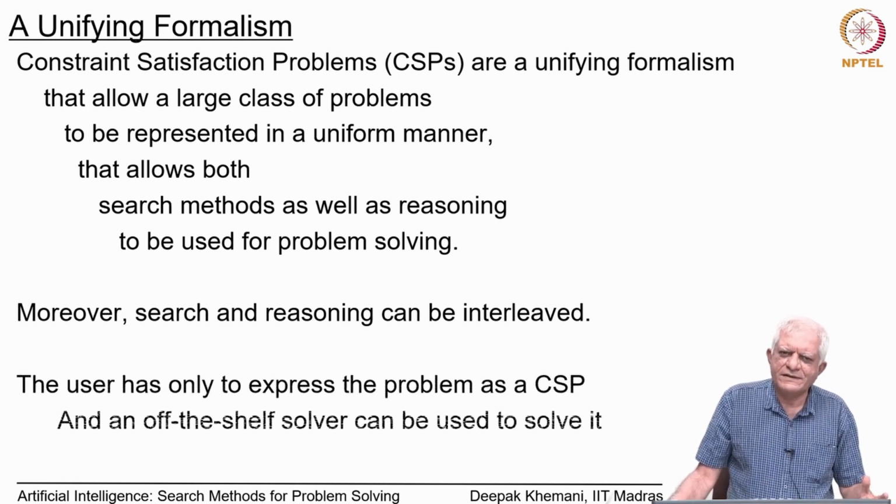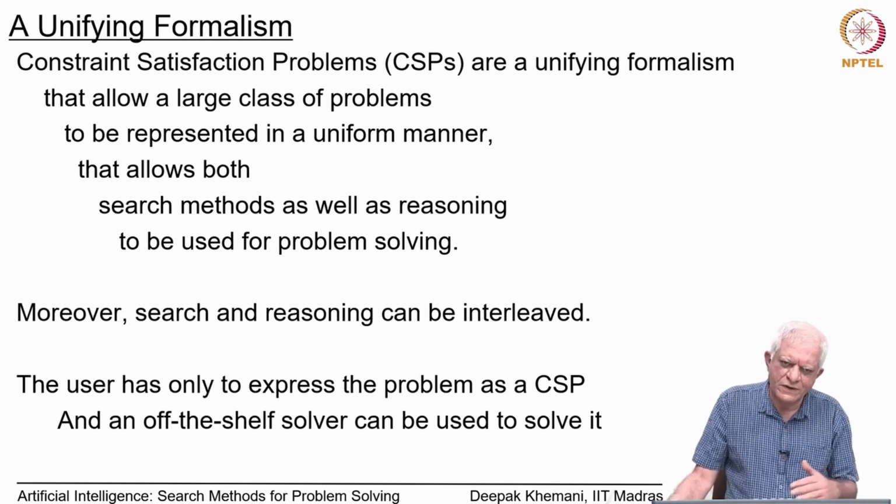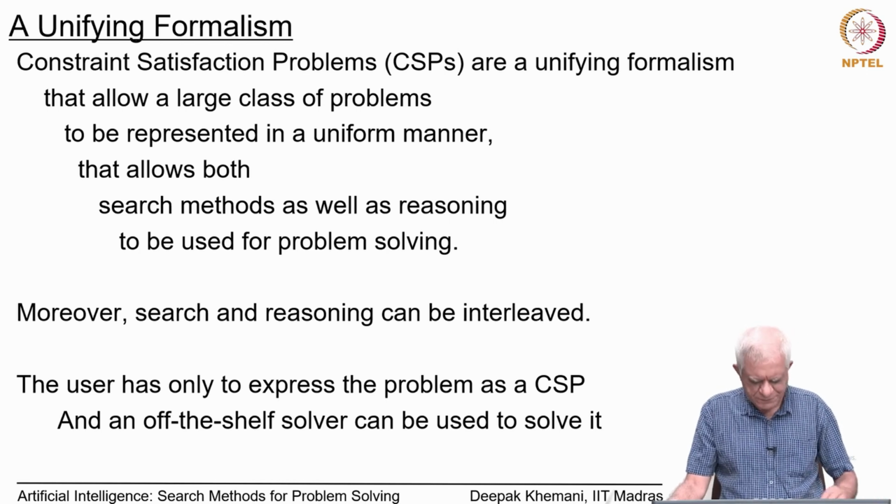The idea is still the same as throughout this course, that the user expresses the problem in some form and some off the shelf solver will solve it. Earlier we talked about algorithms like A star, now we are going to talk about those used for constraint solvers.